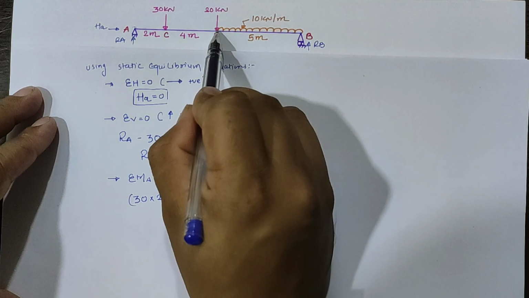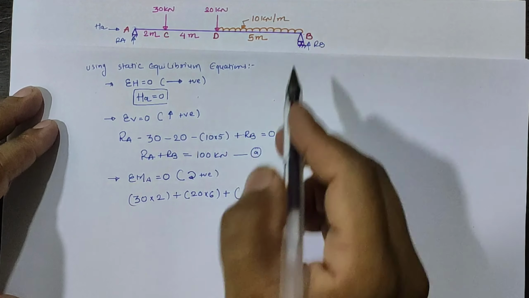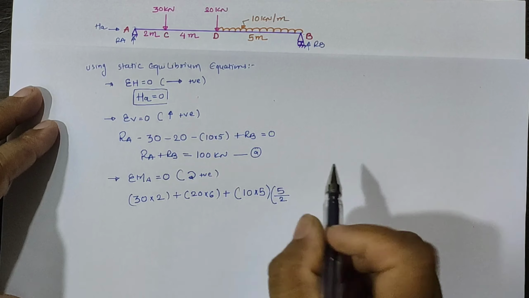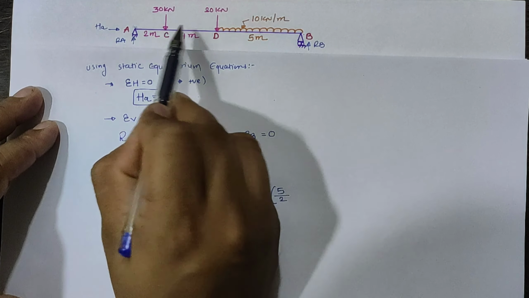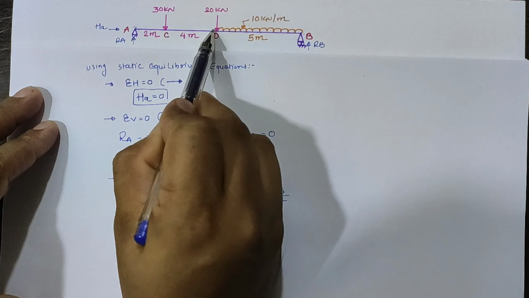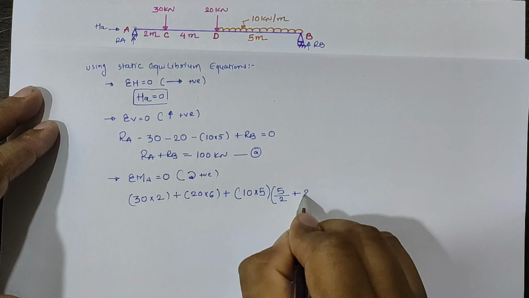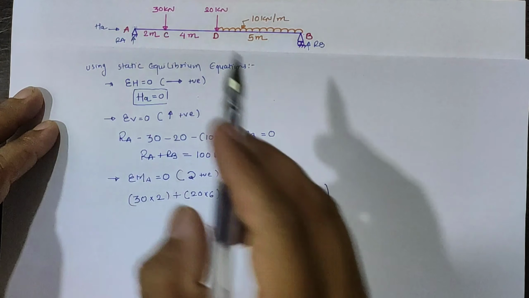The CG of the loading from point D or point B is exactly at the half, so the distance of CG is 5 by 2, but we have taken the moment at A, so the distance of CG from point A is 5 by 2 plus 4 plus 2. We have to add the extra distance 2 plus 4 as we take the moment at A.